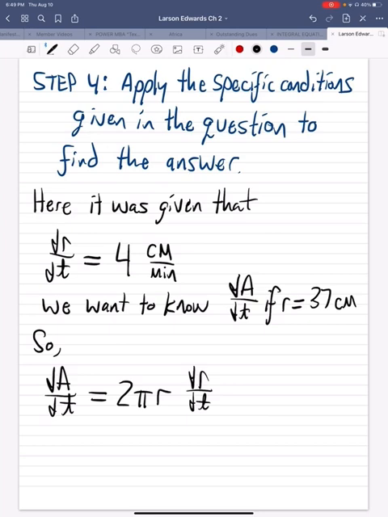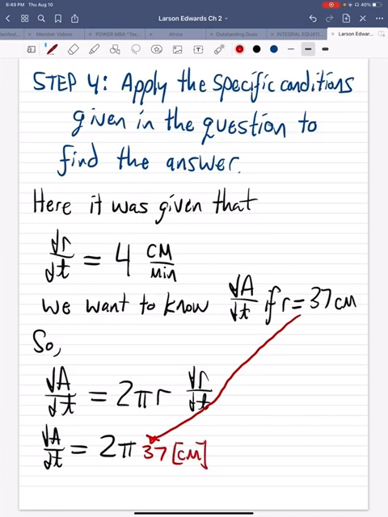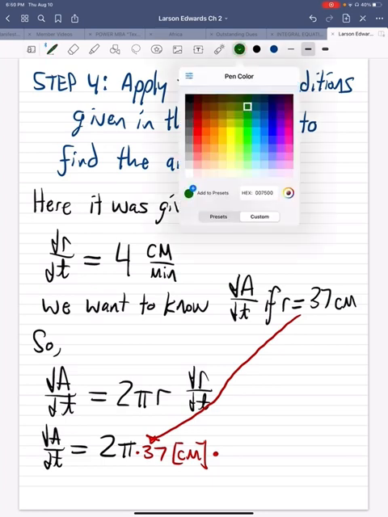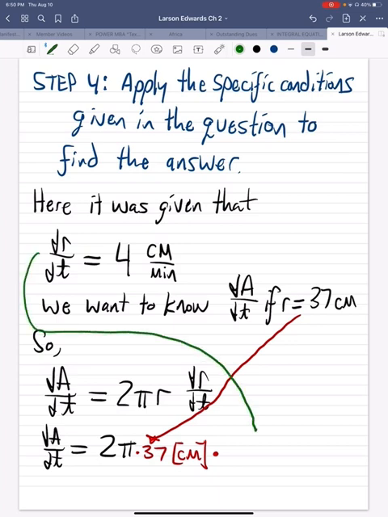And now we plug in what we have. dA dt is equal to 2 pi r. r is equal to 37 centimeters. And dr dt is 4 centimeters per minute.